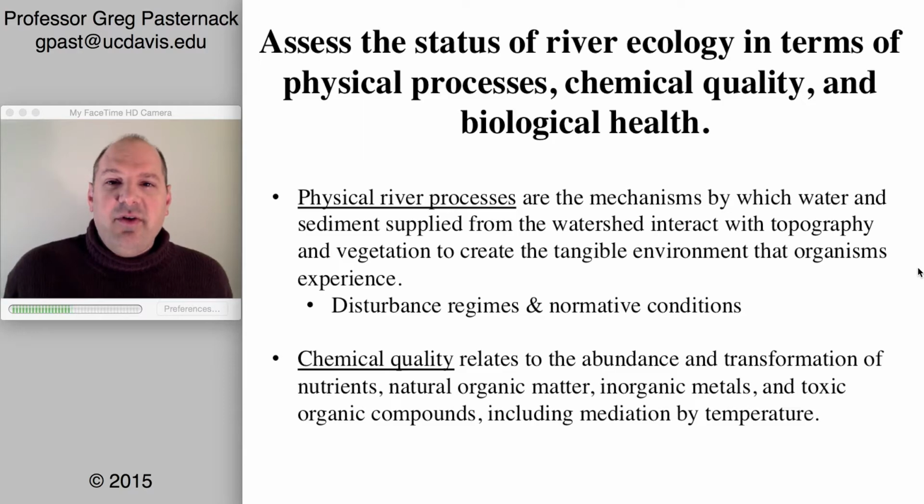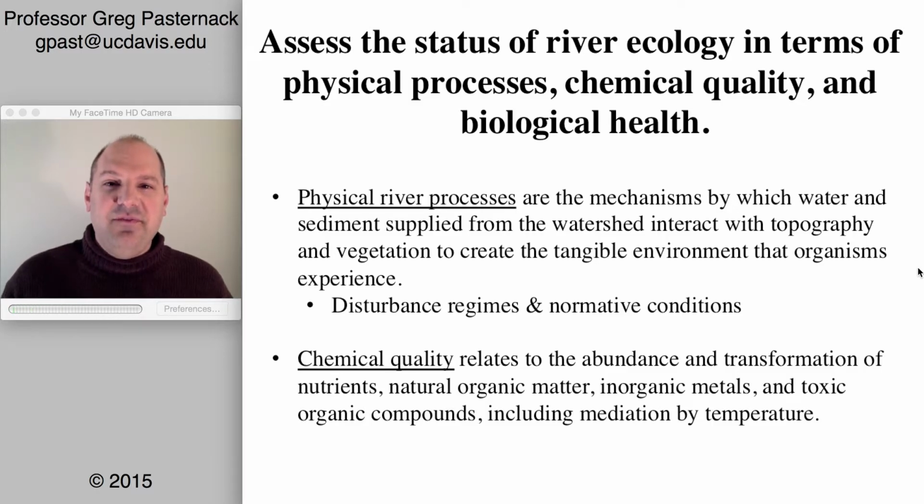So the first part of river restoration has to be to assess the status of a river, and I think of it broadly in terms of ecology, because ecology is the interaction of organisms as well as how those organisms interact with the environment around them. So it really encompasses all aspects when taken in the broadest terms. So here we can look at physical, chemical, and biological things that are going on in the river.